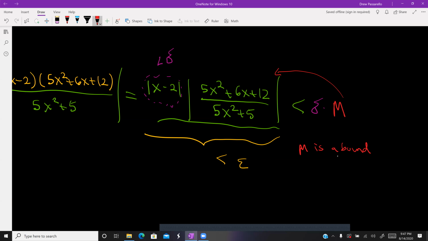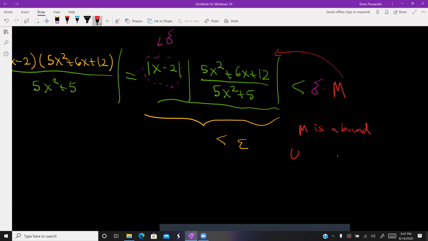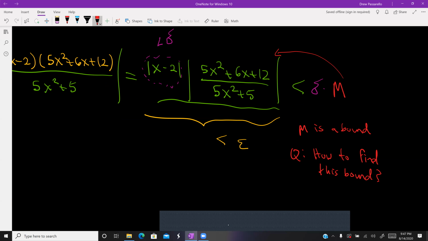All right, so the question is, how do I find this bound? We know in the previous question we tried using delta being 1, so that's what I'm going to try.